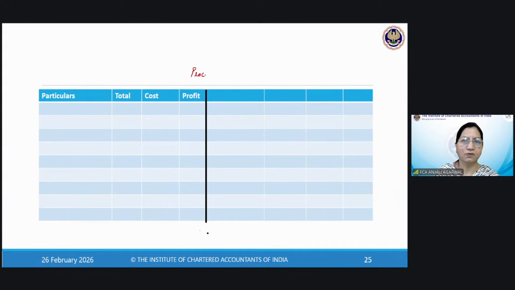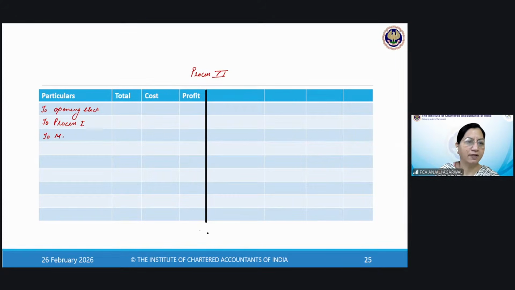Process 2 account also, how it will proceed. To opening stock, one additional line that will come in process 2 is to process 1 account, whatever is coming from process 1.